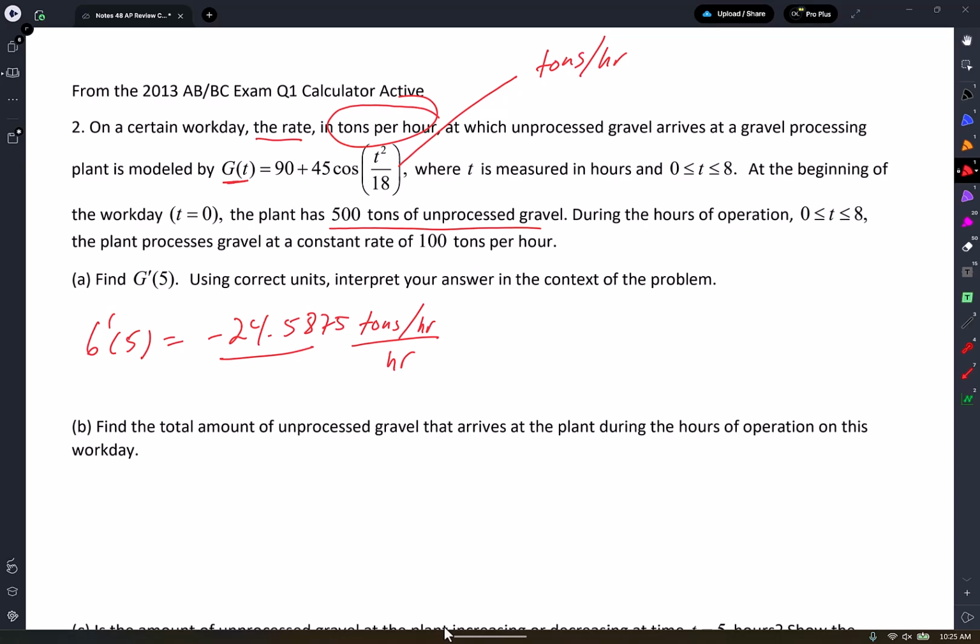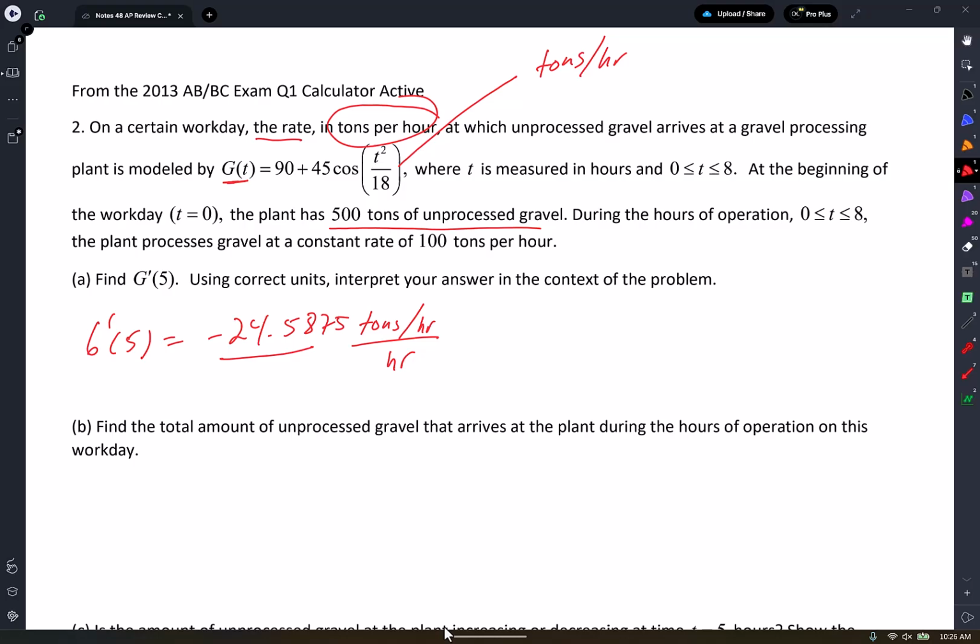Sometimes this is a point, and then the correct explanation with units is a point. So it just depends. I haven't looked at this rubric. What year? 2013. I wasn't grading yet. I didn't start grading these until 2018. So I don't have any notes on this one. And the hours don't cancel out, right? No. Tons per hour. It's like keep, change, flip. It's tons per hour squared.